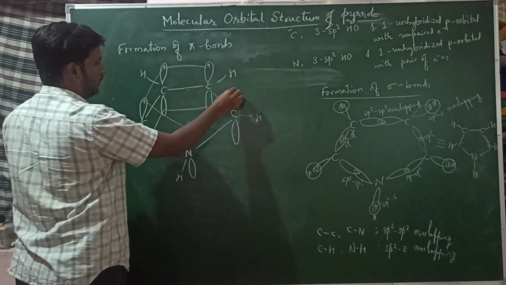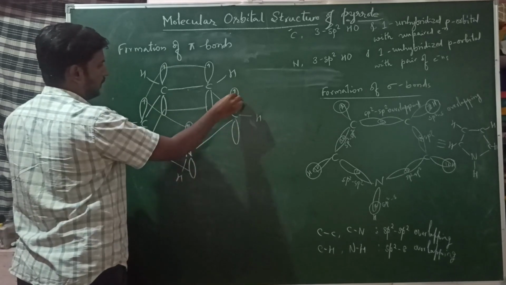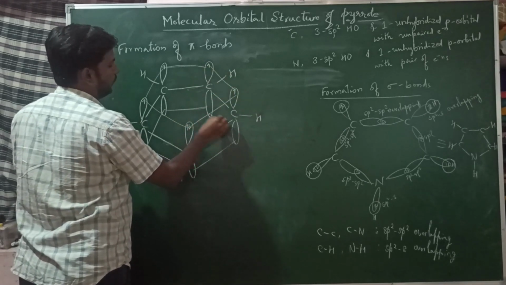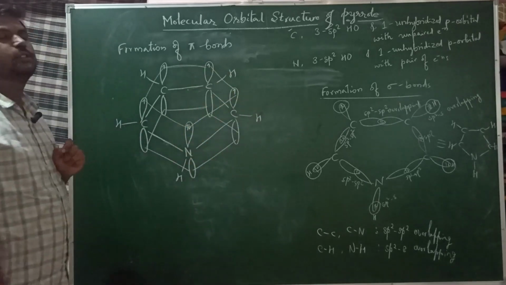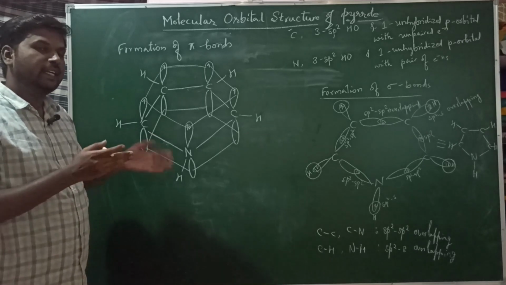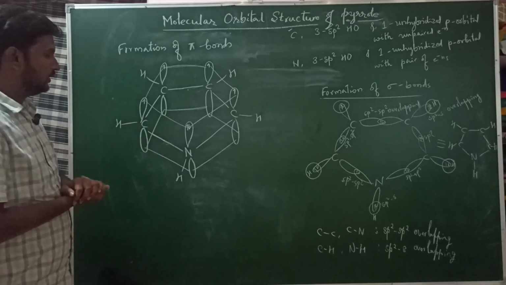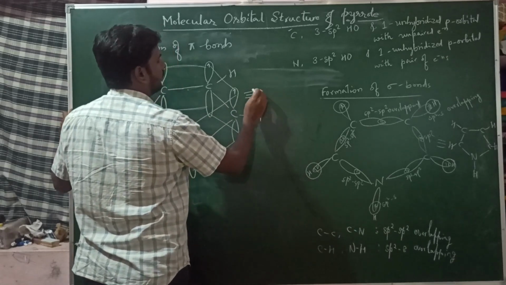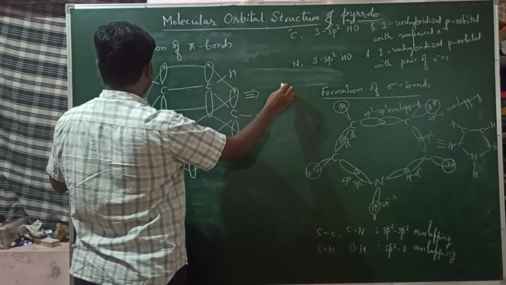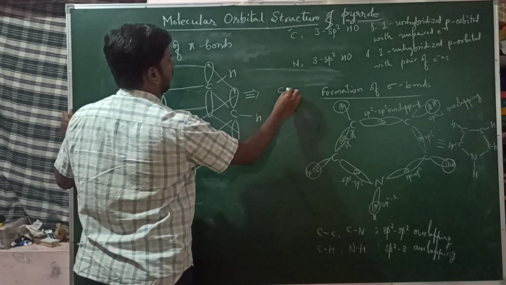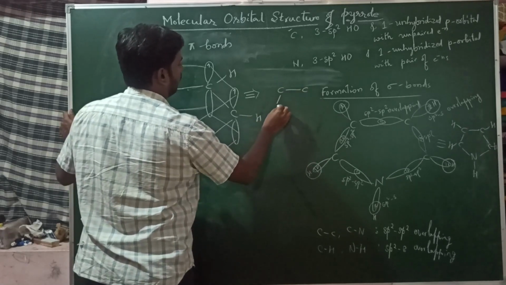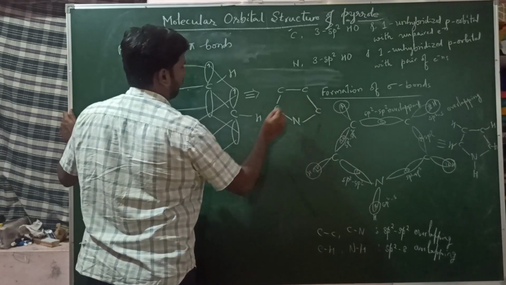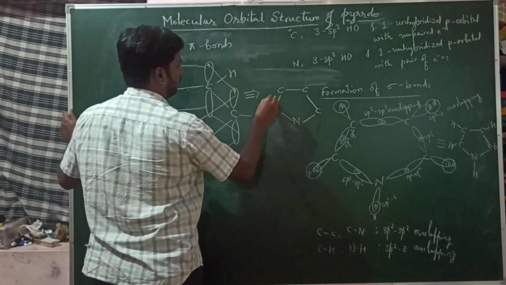So these will show the sideways overlapping. This is actually forming this structure, which is equivalent to the structure where the carbon sigma bonds are already there, and the hydrogen sigma bonds.